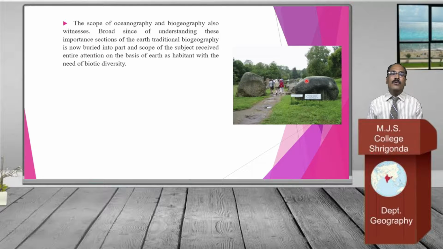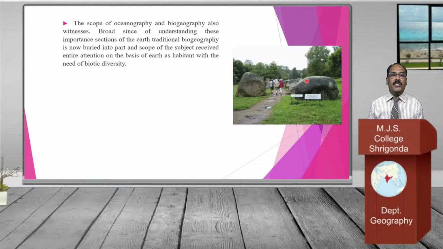The scope of oceanography and biogeography also witnesses broad science of understanding these important sections of the earth. Traditional biogeography is now buried into the scope.